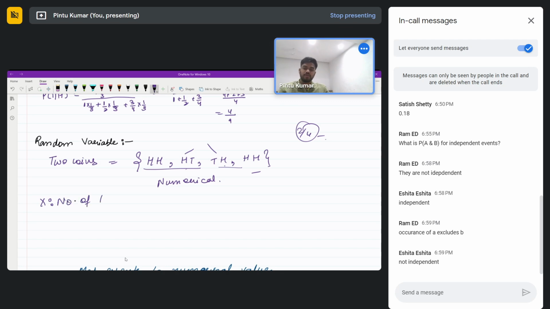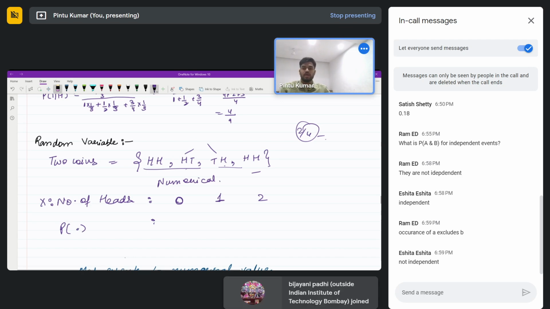So for this particular example, what would be the possibilities for number of heads? This would be 0, this would be 1, and this would be 2, right? And for every value of this random variable, you will have some associated probability. So what is the probability that there will be 0 heads? Sorry, the sample space should have TT over here, right?